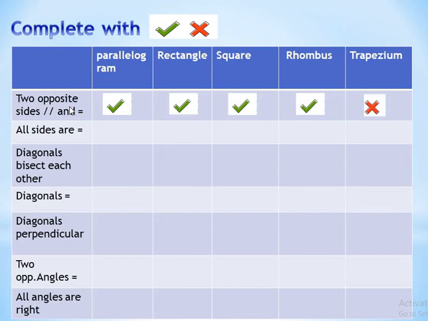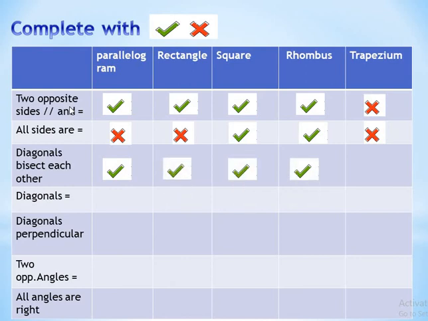Trapezium, no, because it has only 2 parallel bases. All sides are equal. Parallelogram, no, not all sides are equal. Rectangle, no. Square, yes. And rhombus, yes. And trapezium, no.